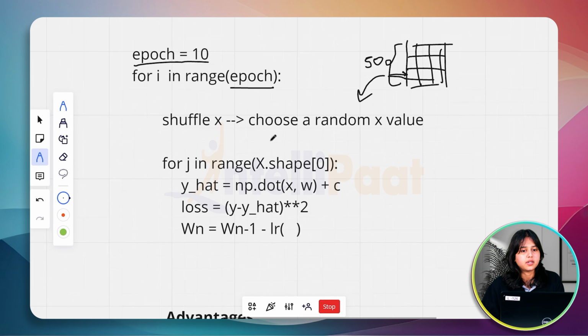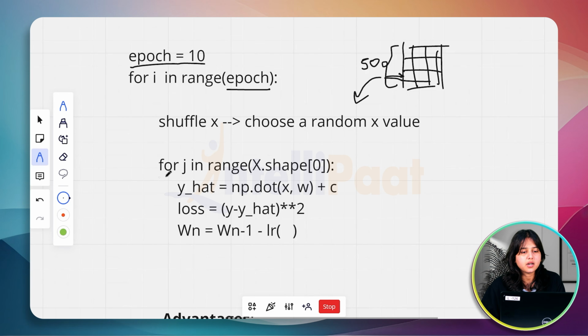Okay? And then we run another for loop. Shape returns the number of rows and columns, right? So we have 50 rows, so we're running a loop for 50.